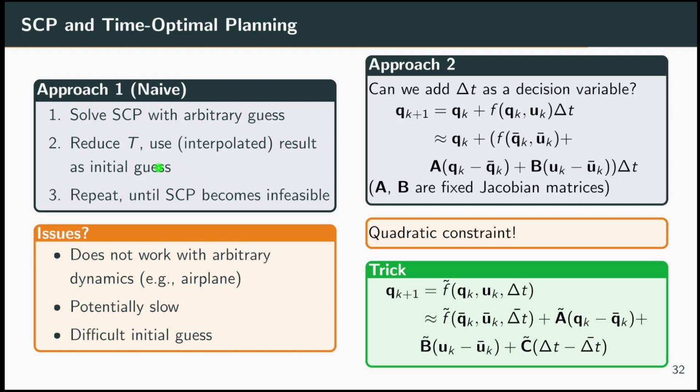Well, you linearize, which can be a good idea. You say that's now an additional variable. You still do your first order Taylor approximation, and you get an additional term that way. And then, of course, it also means you need to add another trust region around your delta t.